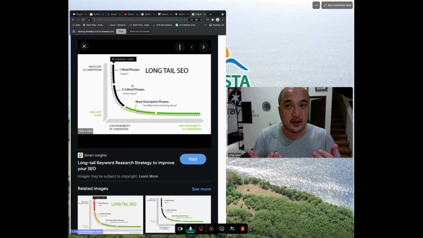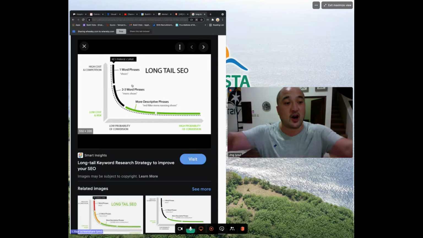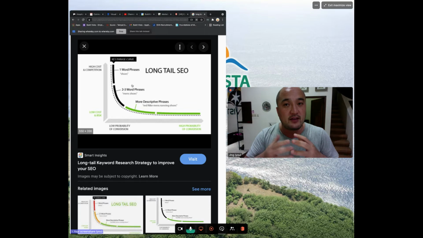You would need a website with almost an infinite amount of content around that, and a platform such as Airbnb, Traveloka, or Booking.com will inevitably have more content than a page like Bukit Vista. That is an example of a very high cost, high competition keyword that we are unlikely to win.